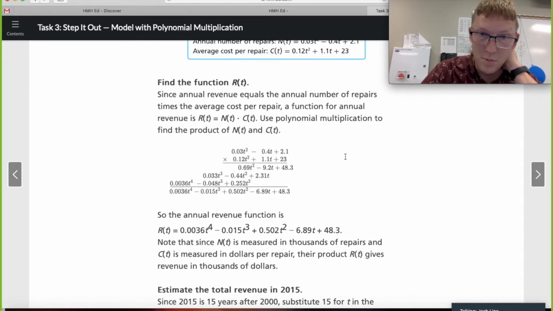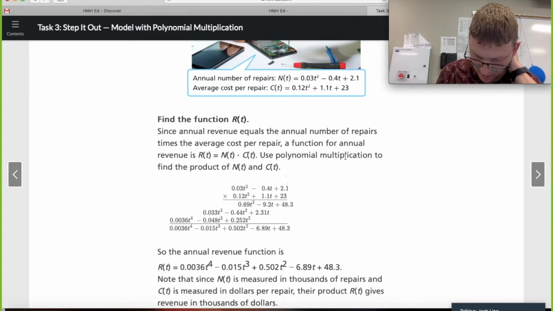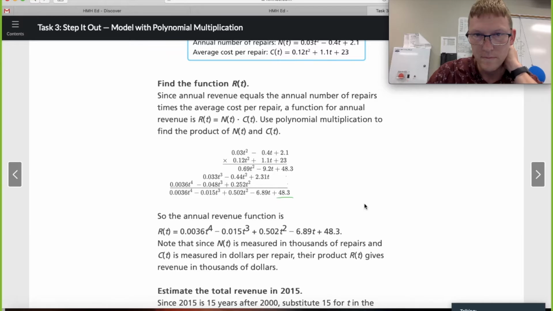And then you just add them all up together. That's why it's important. Now it's very easy to see that 43 plus nothing is 43. Negative 9.2 plus 2.31, and you're right here. They're just adding and subtracting all of the coefficients.